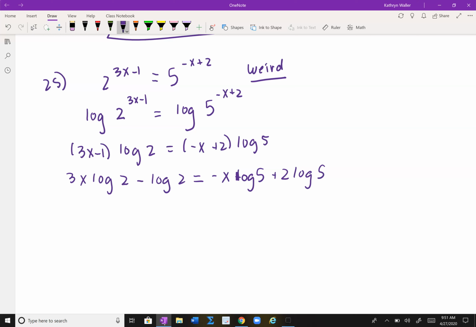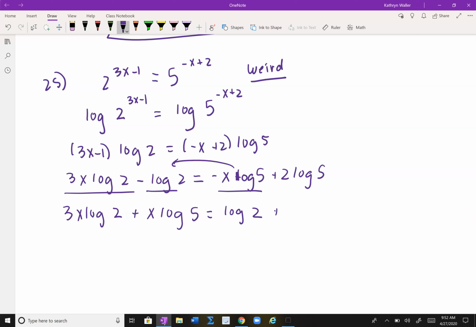And now I'm trying to solve for x, and I've got x's on the right and x's on the left. So remember, I'm going to put everything that has an x on one side and everything that doesn't on the other. So this guy is going to stay. This guy is going to come that way, so it's plus x log 5. Now I'm going to get everything that doesn't have an x on the other side. So this log 2 comes over. This 2 log 5 is just going to stay.